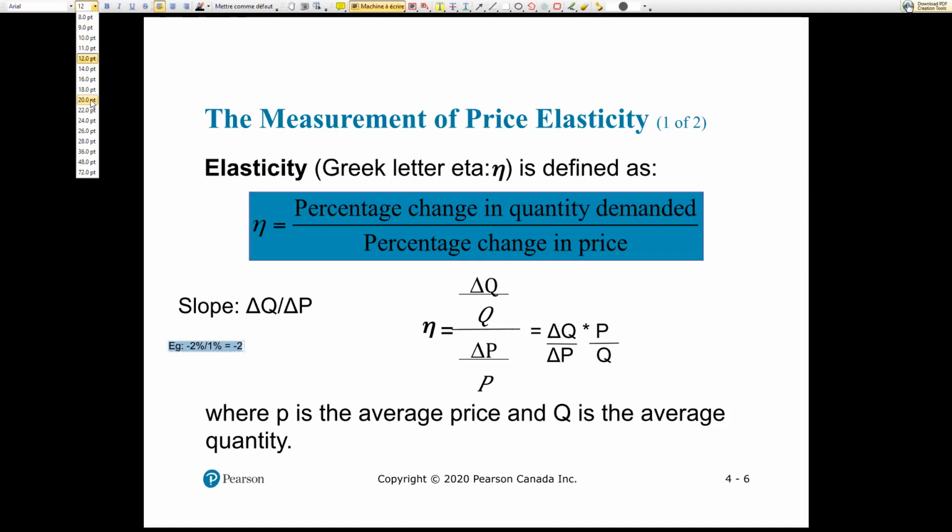Yeah, go ahead with your question. Will we ever have to calculate the percentage? I'm writing percentage, but really what you're going to have to calculate is these things there: delta Q over Q, delta P over P. So yes, you are going to have to calculate that.